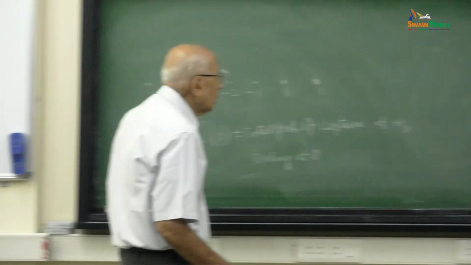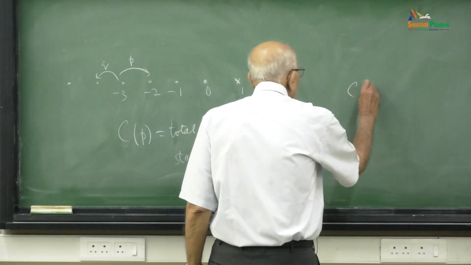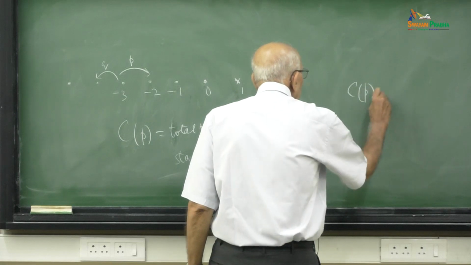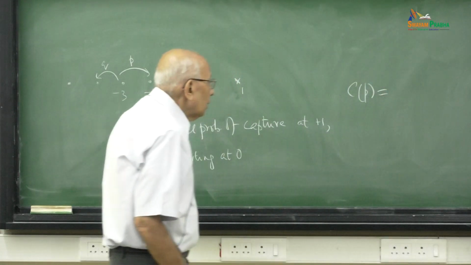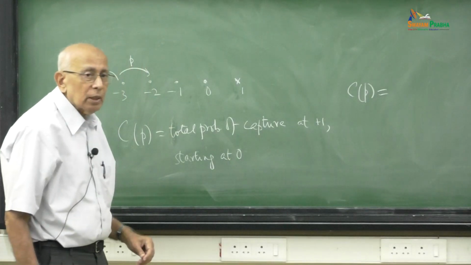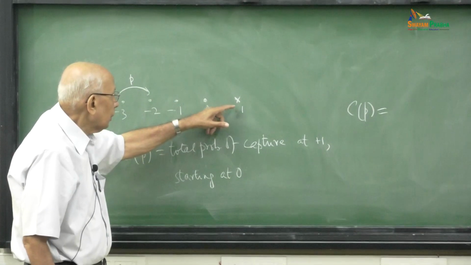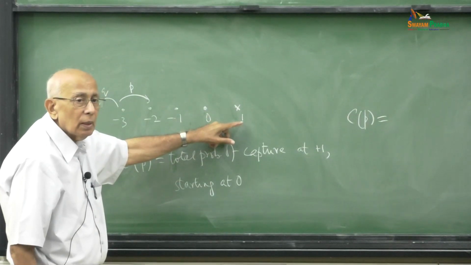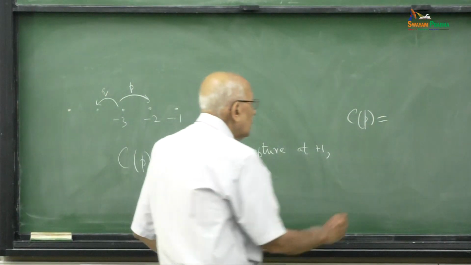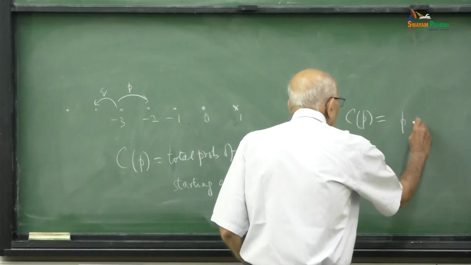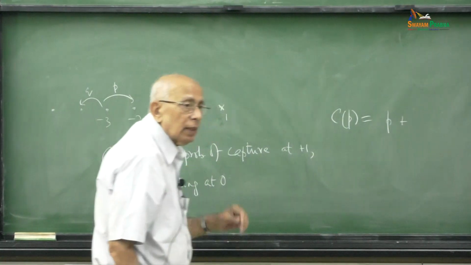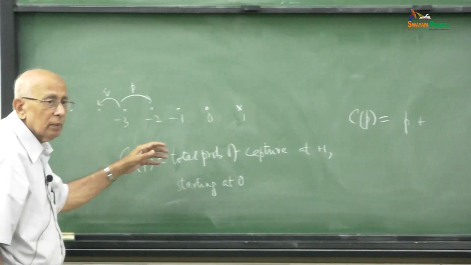And the way you go about it is like this. C of P is equal to, first, the probability of capture in one step. That's the first process. From 0 you jump with probability little p to 1 and you're finished. So certainly this is a contribution term plus all the rest, all the other random walks.